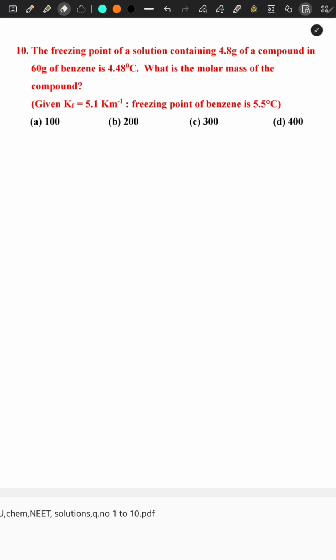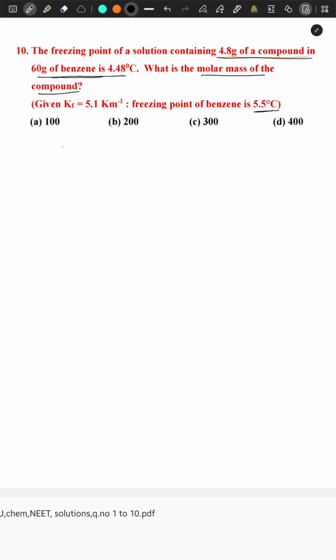Okay students, now you read question number 10. Freezing point of solution containing 4.8 gram of compound in 60 gram of benzene is 4.48 degrees Celsius. What is the molar mass of the compound? And they have given the freezing point of benzene as 5.5 degrees Celsius.